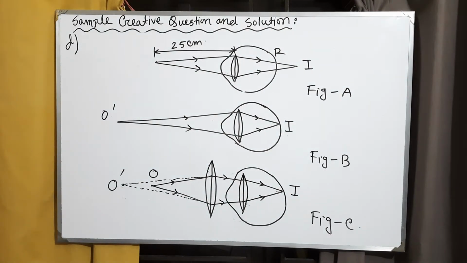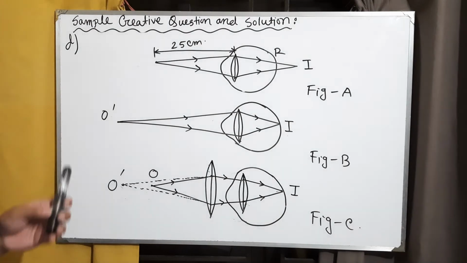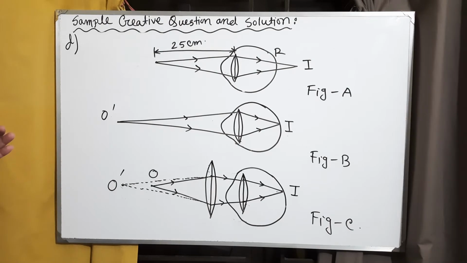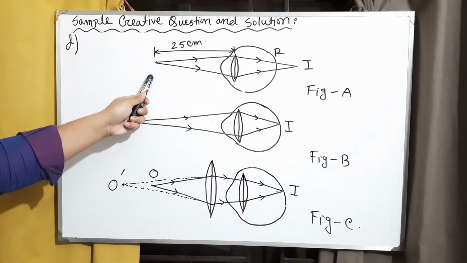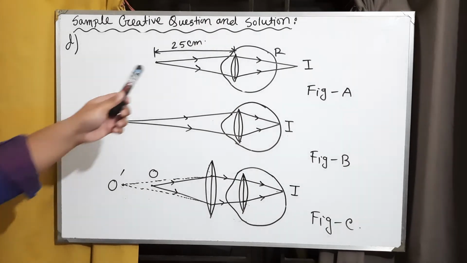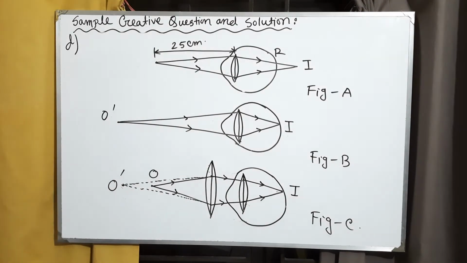So this defective eye cannot see clearly the light rays coming from the near point of the eye. We know that the near point of the eye is 25 centimeter. As a result the image becomes blurred.